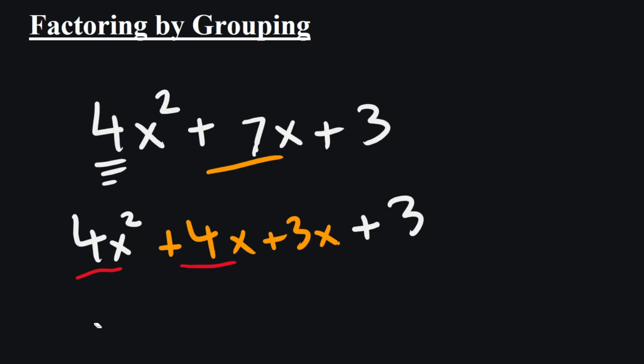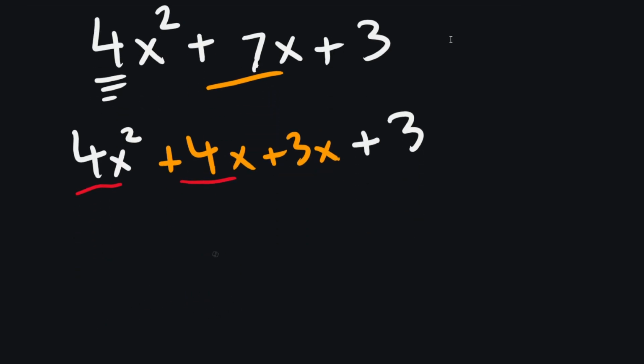So let's factor a 4x out of those two terms. So 4x, let's set up our parentheses, and just divide each term by 4x. What's 4x squared divided by 4x?